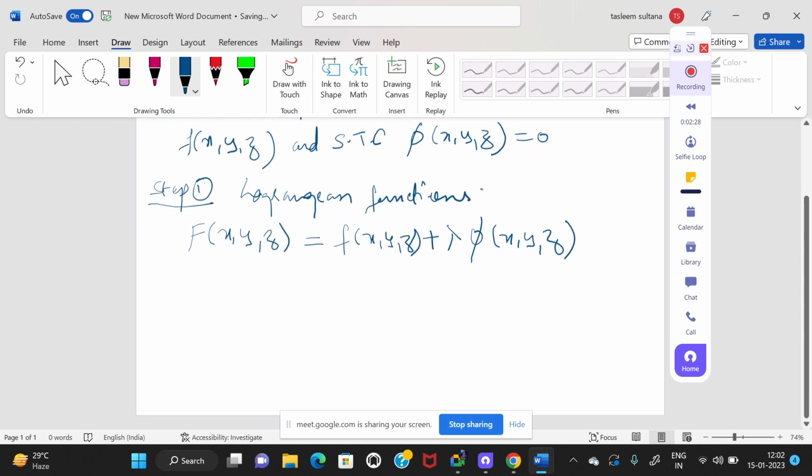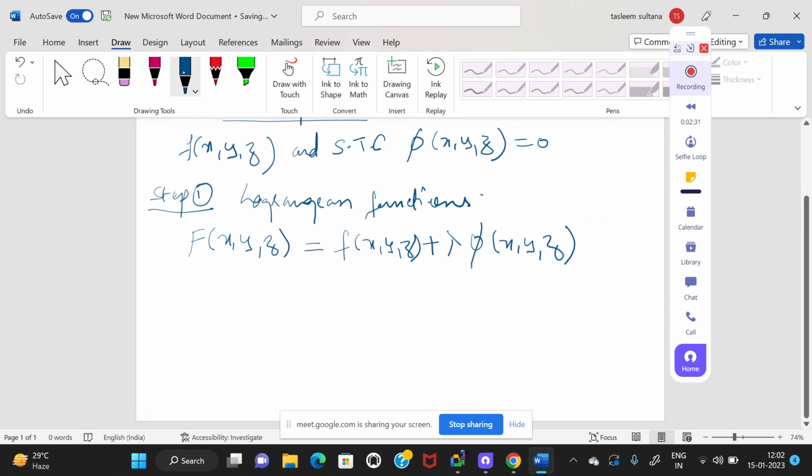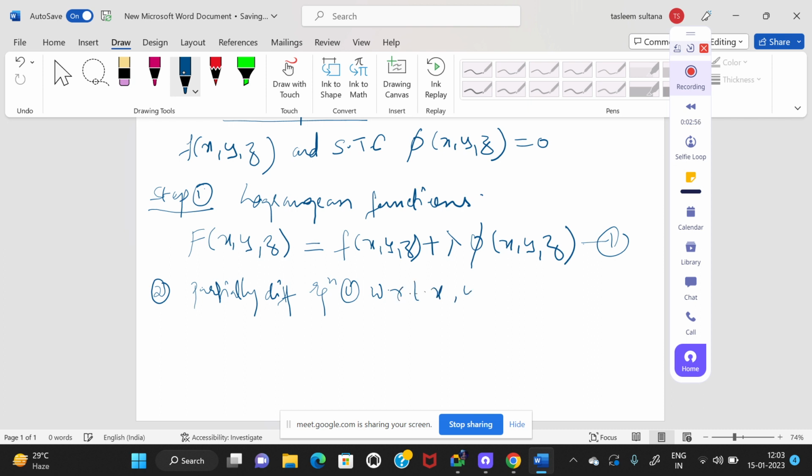Now after that, you are going to differentiate with respect to x, y and z. Second step, you have to partially differentiate equation 1 with respect to x, y and z.